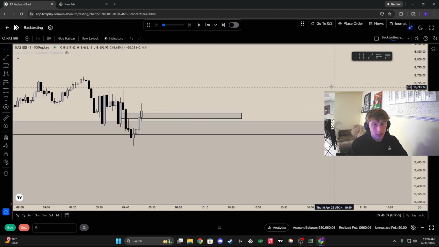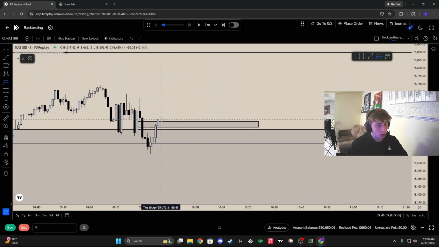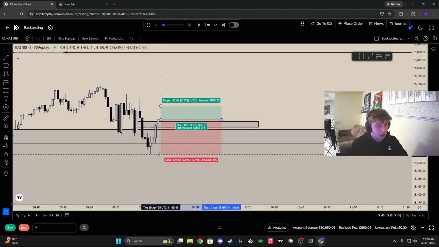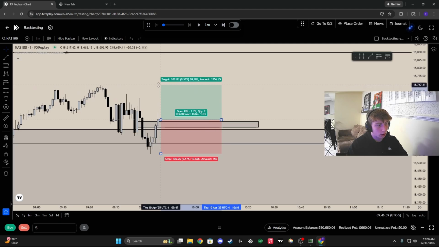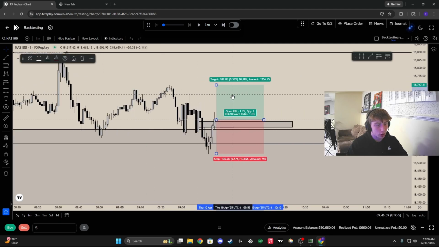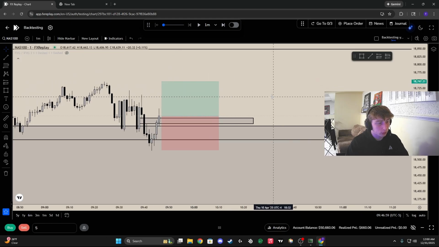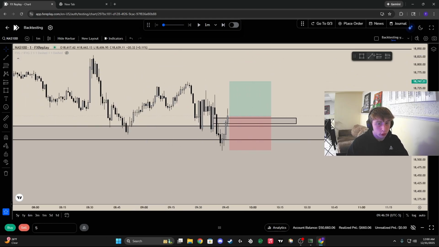But let's say we are going to take this trade. If we put the stop down here, it's 109 points. And if we just went 1-to-1, 109 is right at this internal high, which is perfect. We also have some LRLR right here.